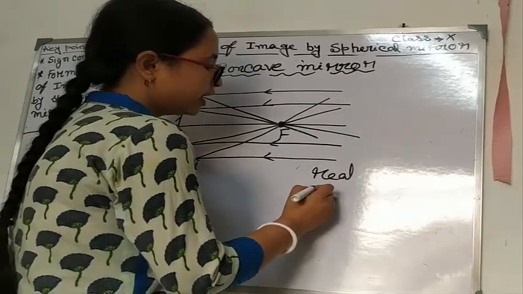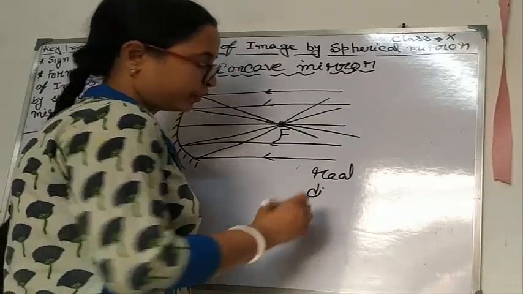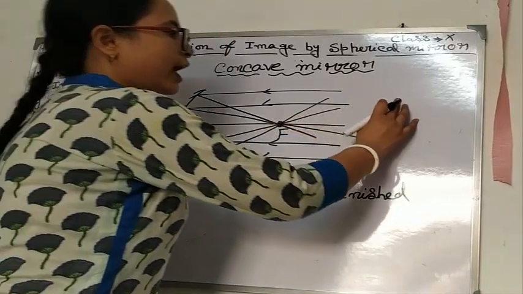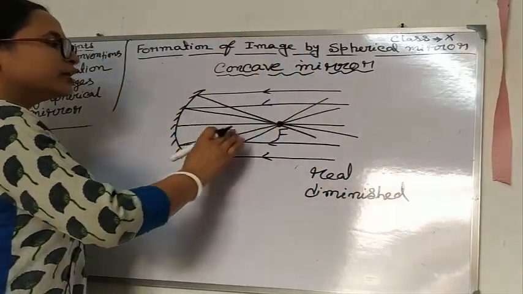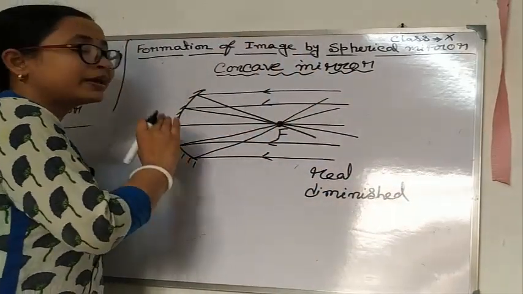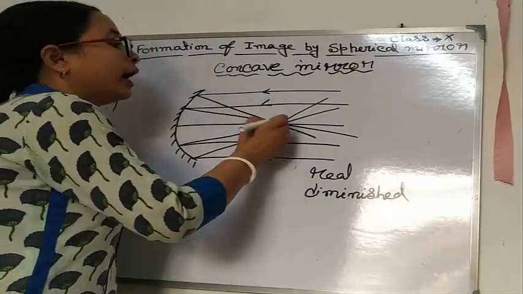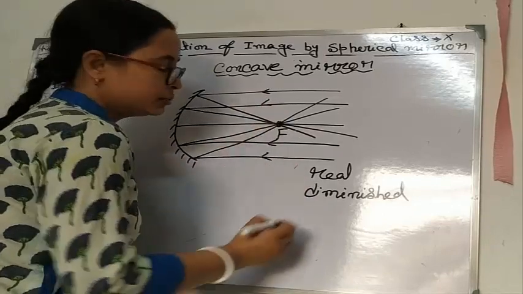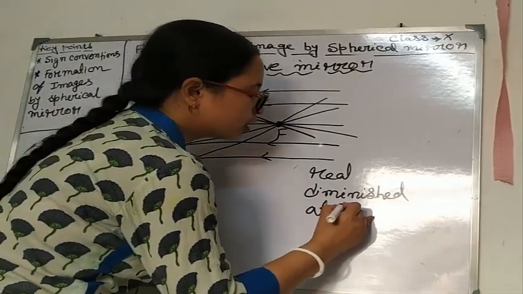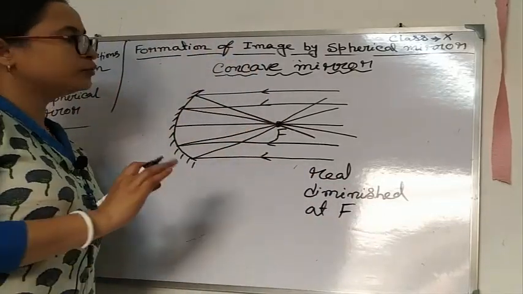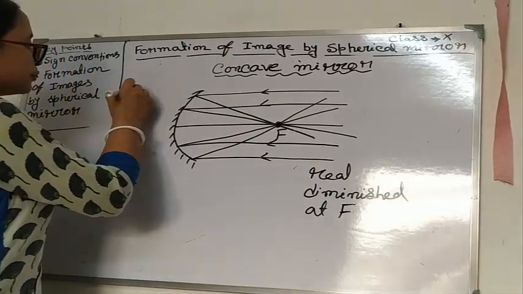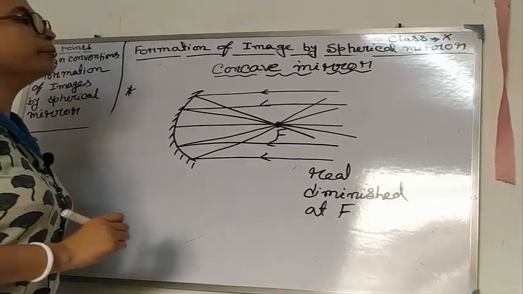As a result, it is diminished. So when the object is at infinity, the image formed by the concave mirror is real and diminished, and the position of the image is at the focal point or principal focus. This is our first image formed by a concave mirror.